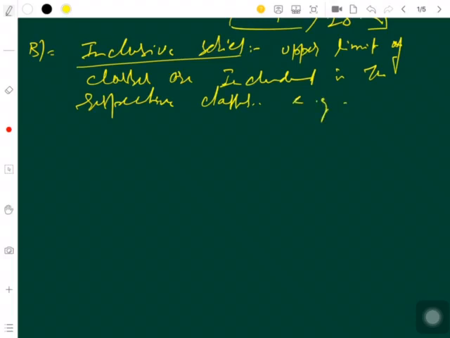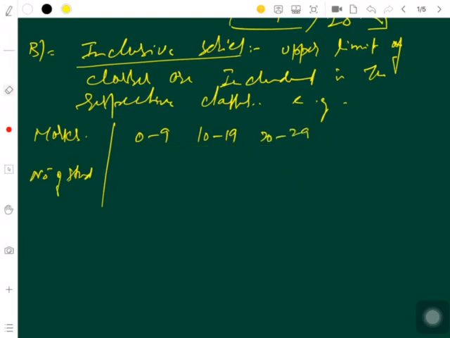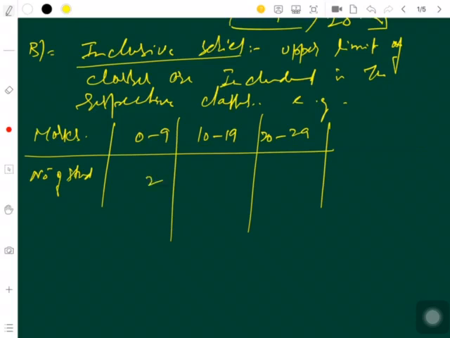I'll give an example. Again, marks, number of students. 0 to 9, what is next, 10 to 19, 20 to 29, okay. This is our table.